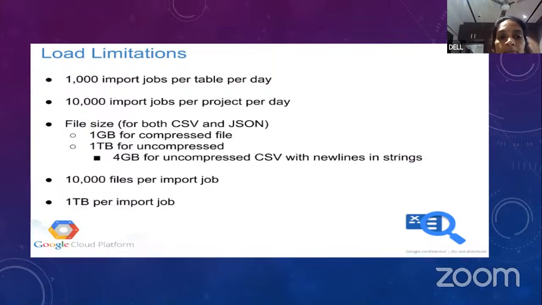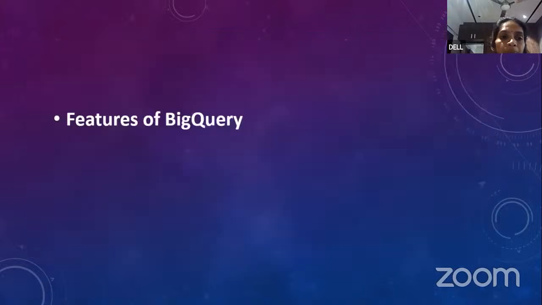File size must be within 1 GB for a compressed file, 1 TB for uncompressed. So 10,000 files per import job. Once we import a job to BigQuery, at a time we can load 10,000 files, and the data measure is 1 TB per import job.